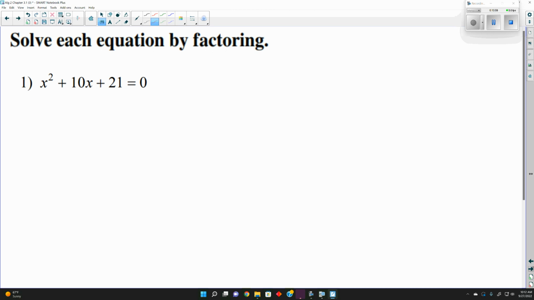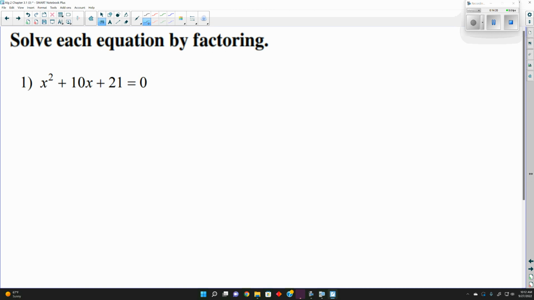Okay, let's look at the next one. So we have two things multiplied together to equal 0, yes? Well, not really. We have x squared plus 10x plus 21, right? If we can factor this, rewrite it as two sets of parentheses being multiplied together, then we can solve.